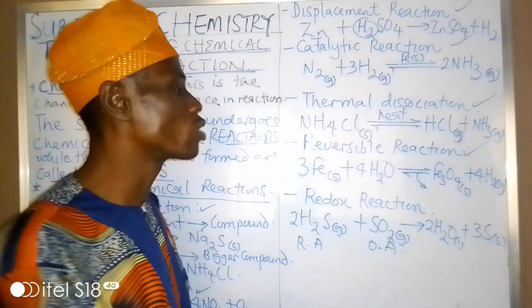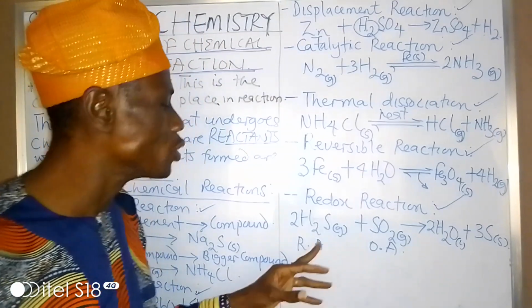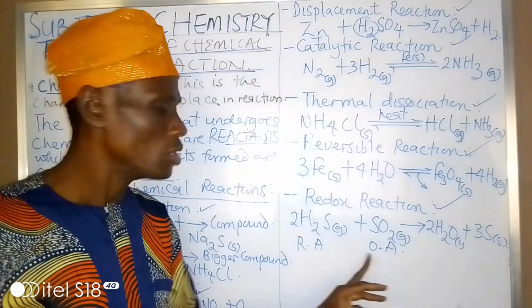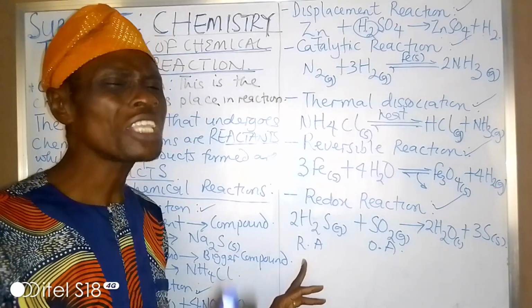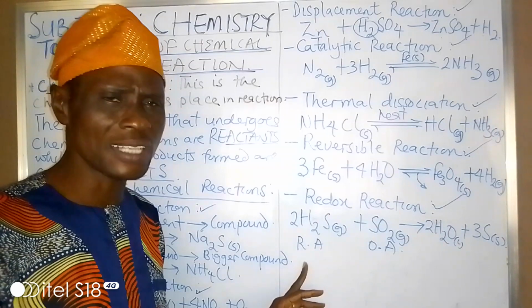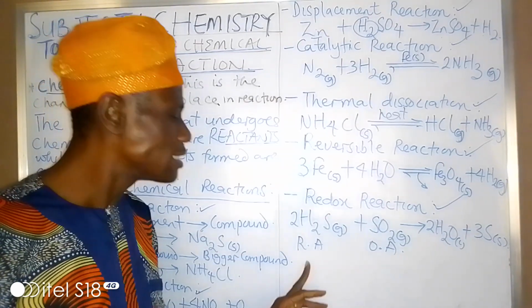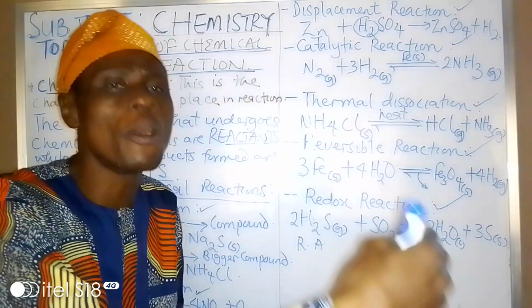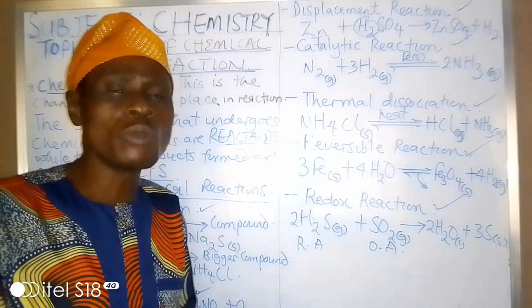And then the last one is called redox reaction. A redox reaction is a reaction in which you have a reducing agent and an oxidizing agent. Reducing agent, this is another topic for another day. Reducing agents are the substances that are going to be oxidized at the end of the reaction. Oxidized means there is going to be an increase in their oxidation number, whereas the oxidizing agents are going to be what?